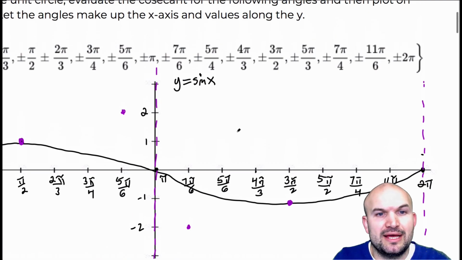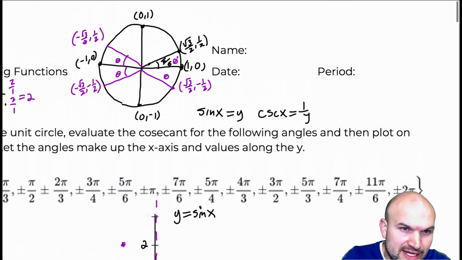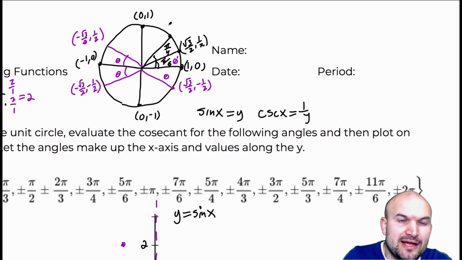And now we can move on to the next angle. So the next angle is obviously going to be pi over 4. And that coordinate point is, again, square root of 2 over 2, comma, square root of 2 over 2. Let's move that.